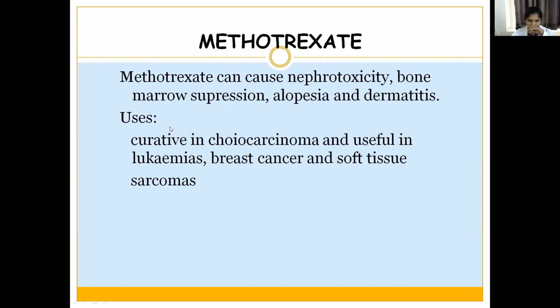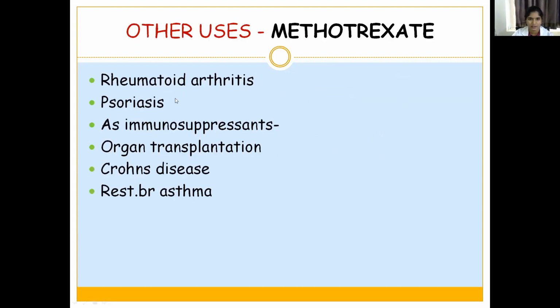It is used in choriocarcinoma, leukemias, breast cancer and soft tissue sarcomas, and also as an anti-inflammatory drug and as an immunosuppressant. As an immunosuppressant, it is used for organ transplantation, Crohn's disease, and bronchial asthma. As an anti-inflammatory drug, it is used in psoriasis and rheumatoid arthritis. Okay, then we'll go to the next drug.